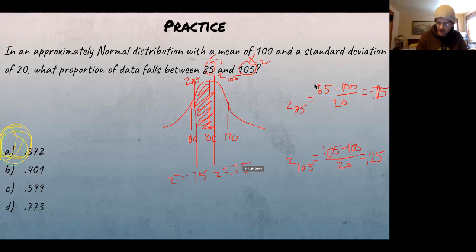So on the actual calculator, it says lower, upper, mean, standard deviation. My lower is going to be negative 0.75. My upper is going to be 0.25. The mean and the standard deviation never change.